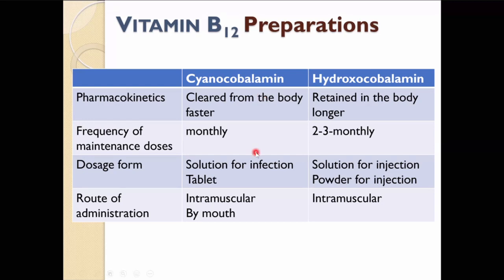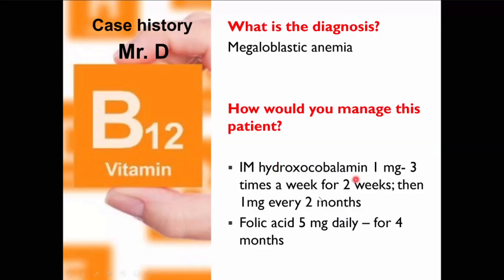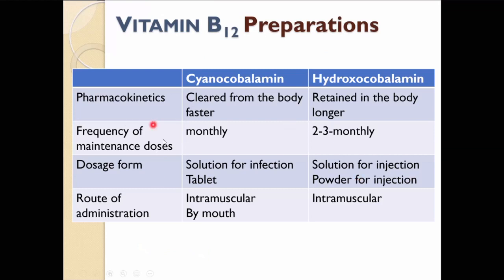You give either every other day doses, or 3 times a week doses, or weekly doses, and then you put on a maintenance dose. For cyanocobalamin, you need about monthly maintenance doses. For hydroxycobalamin, these maintenance doses could be given 2 to 3 monthly.